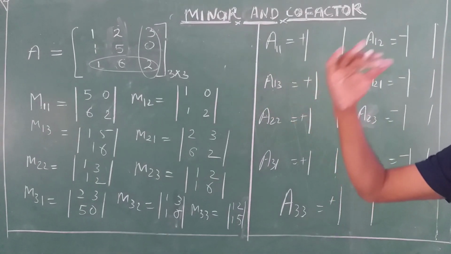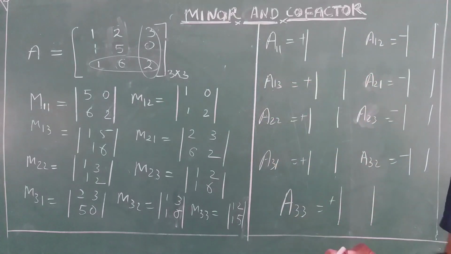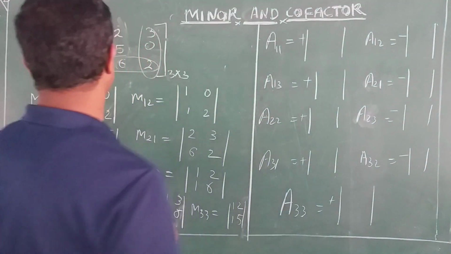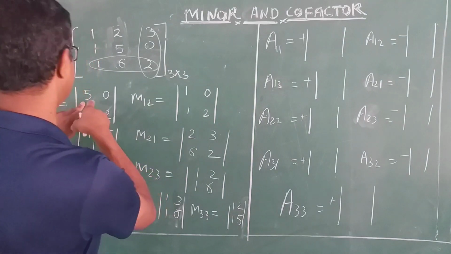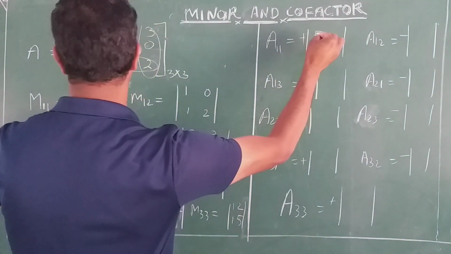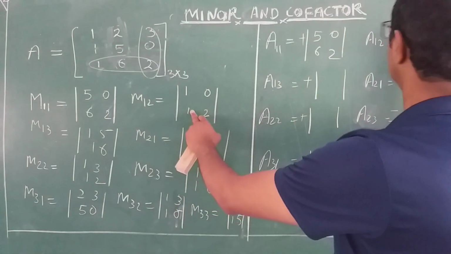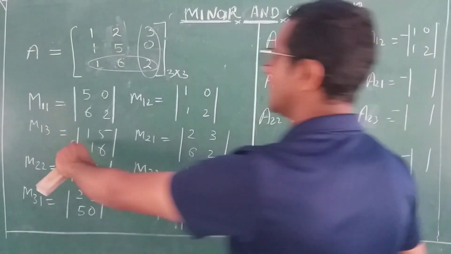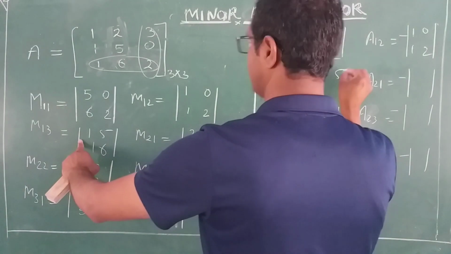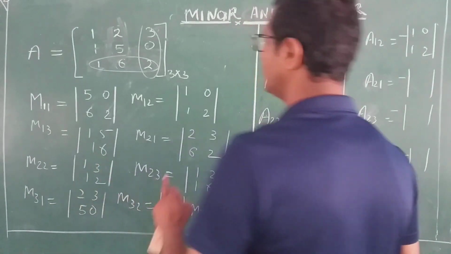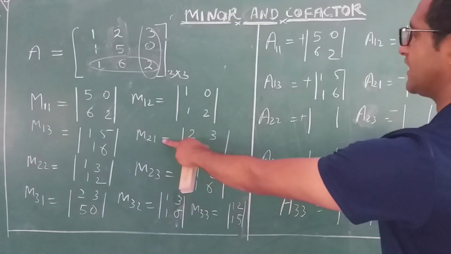Now the rest of the process will be alike, means you will just copy. For M11: 5, 0, 6, 2. M12: 1, 0, 1, 2. M13: 1, 5, 1, 6. No change, like a minor.